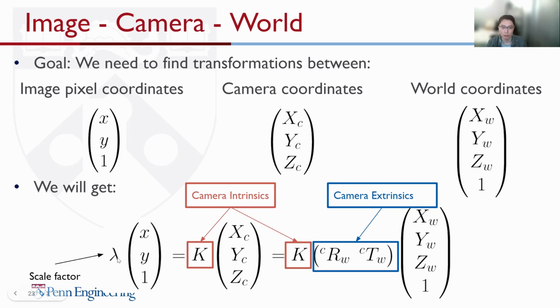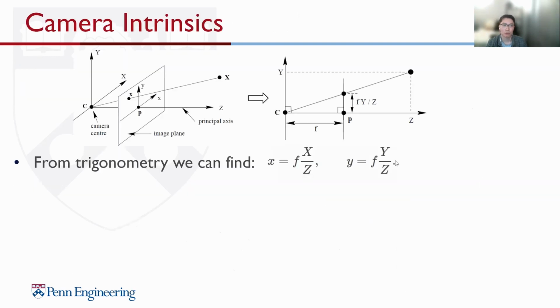It's just a matter of scale. This matrix is called the camera intrinsics. That's between the image and the camera frame. Between the camera frame and the world frame, there is another term called camera extrinsics. We'll talk about these separately. First, what are the intrinsics?